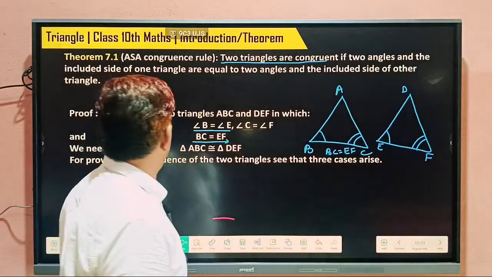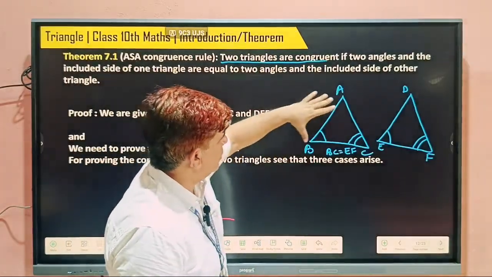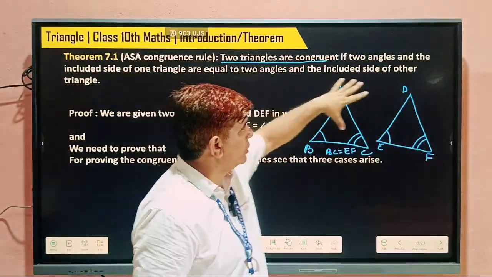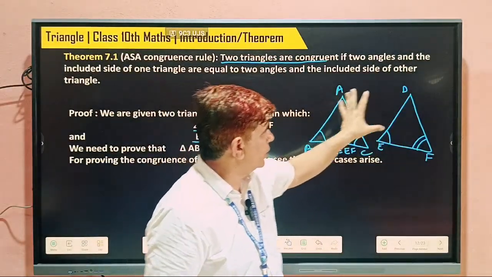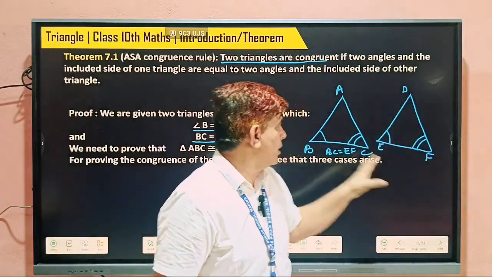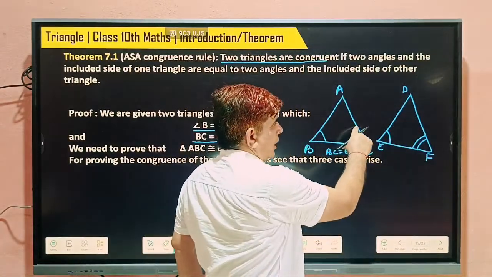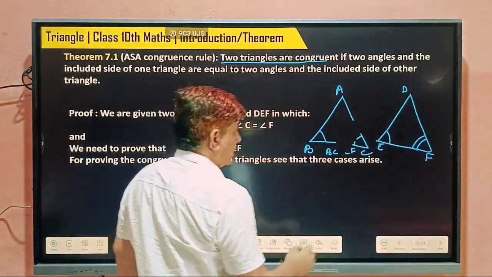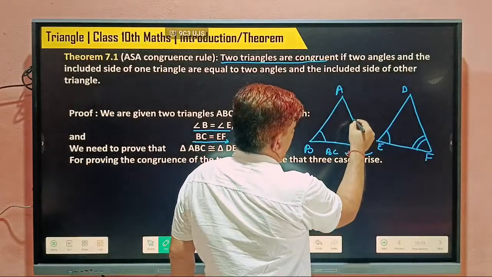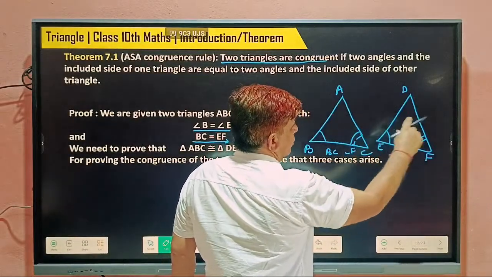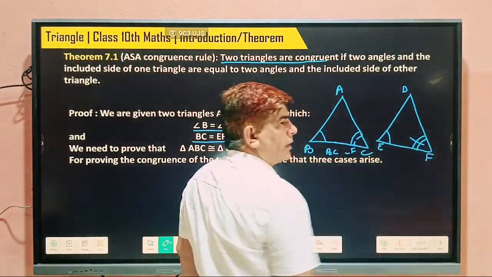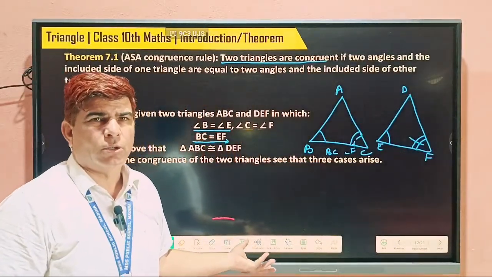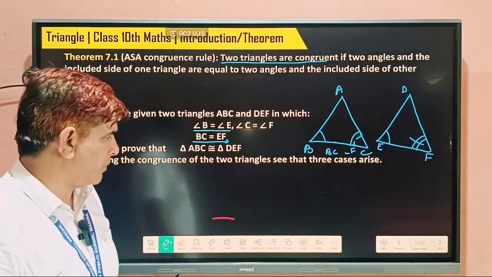We will try to prove AB equal to DE. Either I can prove AB equal to DE or I can prove AC equal to DF. Then directly I can say two sides and included angle are equal to the two sides and included angle. And that's already proved through that axiom. So we will prove by applying that.